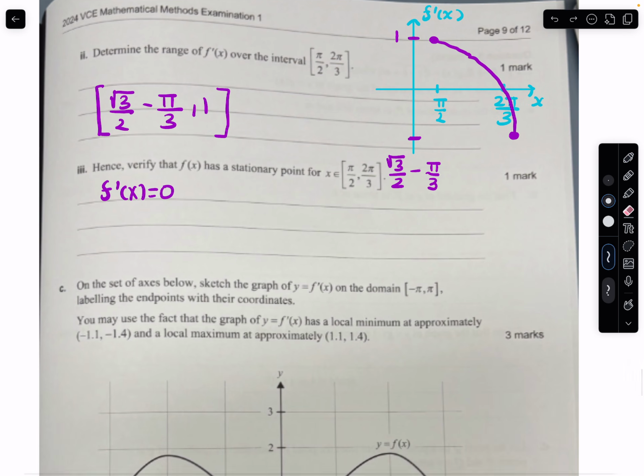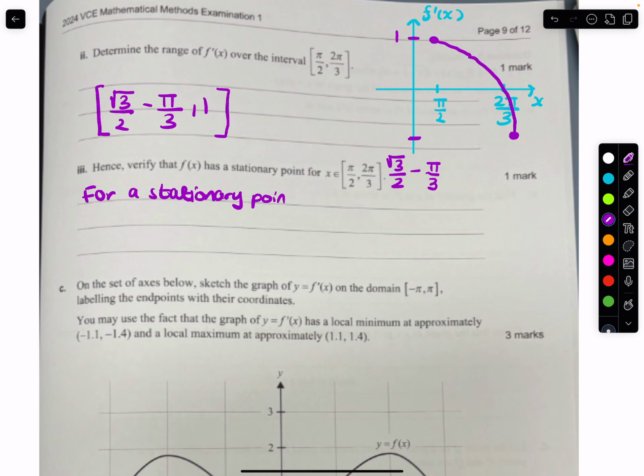So let's write: for a stationary point, f dash of x must equal 0.